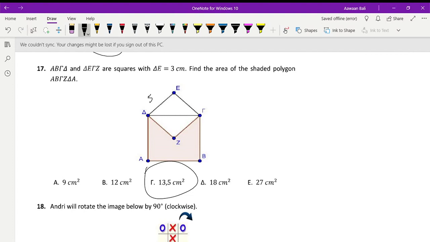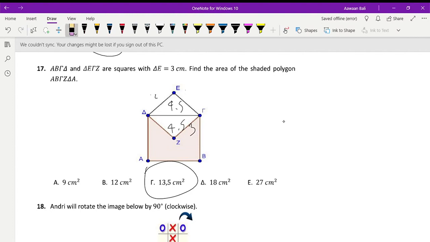So delta, eta is 3 centimeters, and they're squares, which means this is 3 centimeters, this is 3, this is 3. The area of a square is a squared, where a is the side, so 3 squared is 9. So the area of this is 9, but the square's cut in half. It's bisected. So 9 divided by 2 is 4.5.